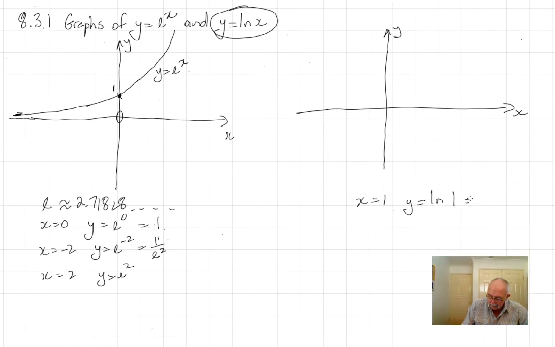Our natural log is log to base e of 1. So we want the power we must raise e to get the number 1. Well, that is going to be 0. So y will be equal to 0. So y equals 0 everywhere along the x-axis. So when x is equal to 1 out here, our graph is going to cut the x-axis at the point 1.